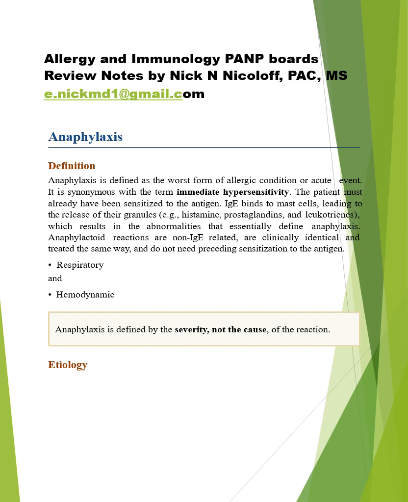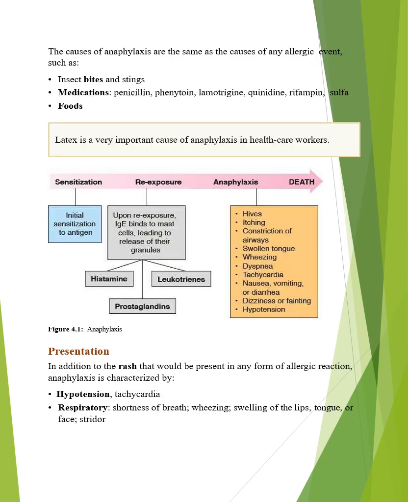Let's go over the etiology of anaphylaxis. We'll move to the next slide, slide number 2. In slide number 2, we need to discuss the causes of anaphylaxis. The causes of any allergic event could be several.